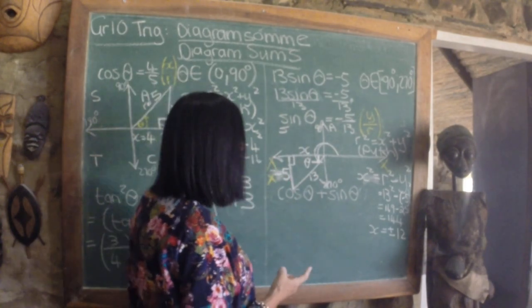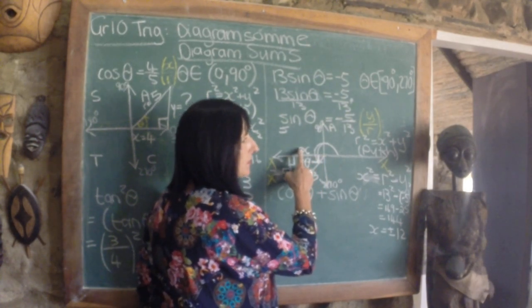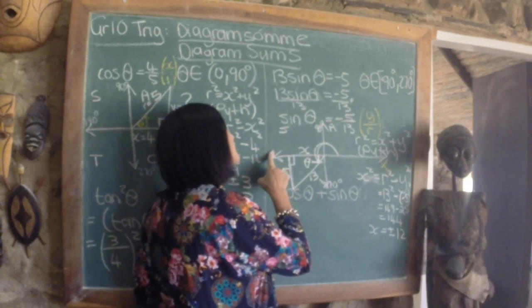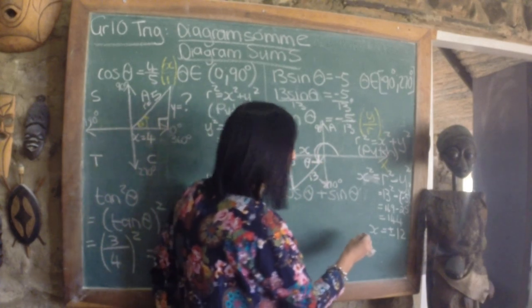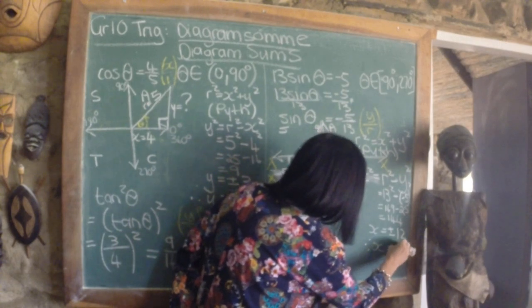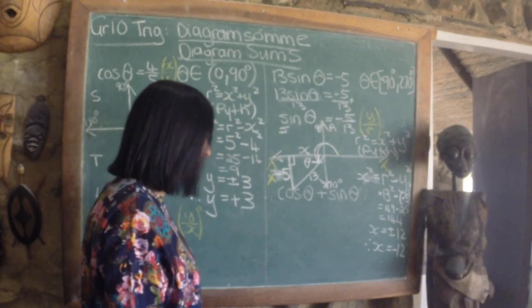Ek gaan terug na my skets toe om te kyk, is dit 'n plus of 'n minus in x se plek? Ons gaan duidelik sien dat hierdie prentjie lê aan die minuskant van die x-as. Sien julle dit? The minus side of the x-axis. Therefore, x equals minus 12. Not plus 12, minus 12.